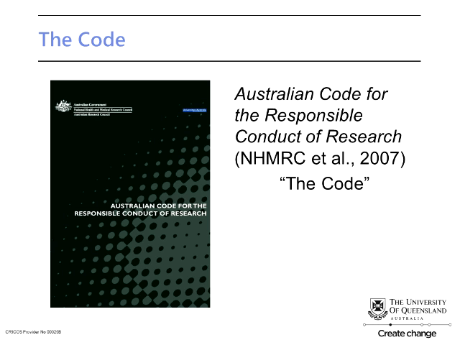It's not legislated. So universities and research institutes are required to use it to guide the development of their own policies. It's a requirement, for example, of NHMRC and ARC grants that our institutions have policies and procedures which are compliant with the Australian Code. But there is some leeway there for interpretation.